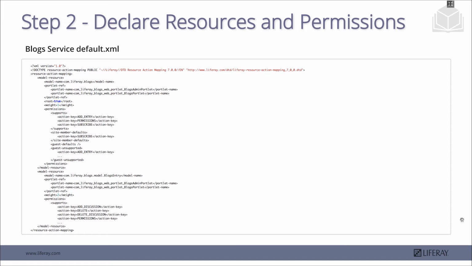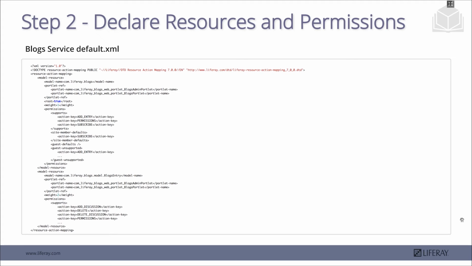If you look a little bit further down, you'll see in the model name, com Liferay blogs model, blogs entry. Blogs entry is a specific model resource. So I know everything defined below that is going to be a resource action, whereas up at the top, this is going to be a top level action.